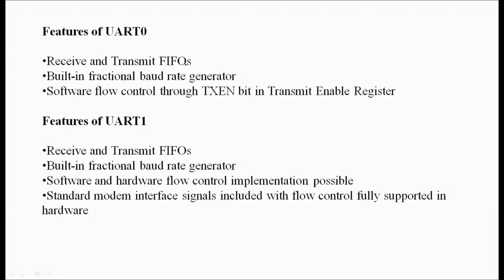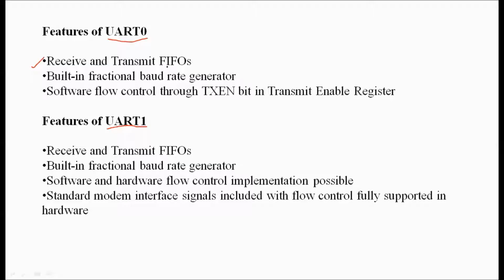Now the features of UART block 0. Two UART blocks means the first block is called UART 0 and the second block is called UART 1. A few features are listed here. UART 0 has receiver and transmit FIFO, that is, buffer registers which act as a receiver register and transmitter register. These are FIFO registers, first in, first out.